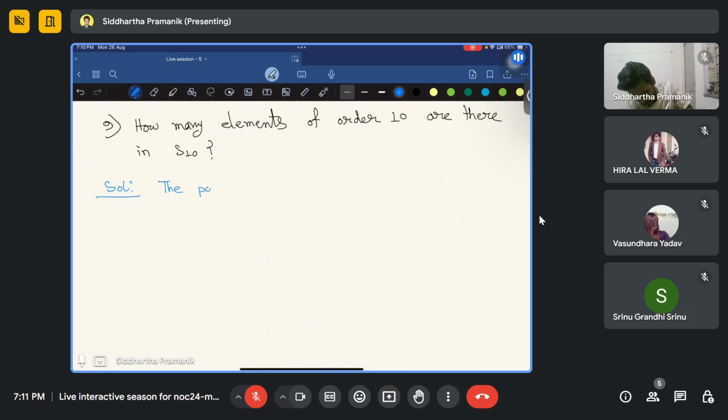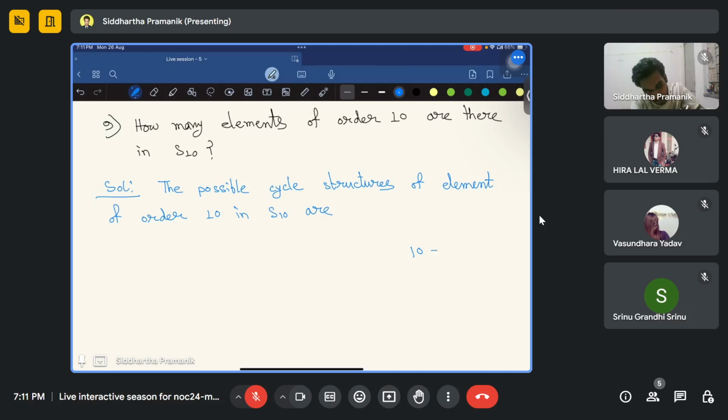The possible cycle structures of an element of order 10 in S10 are, so look, how can you write 10 as the LCM of elements?